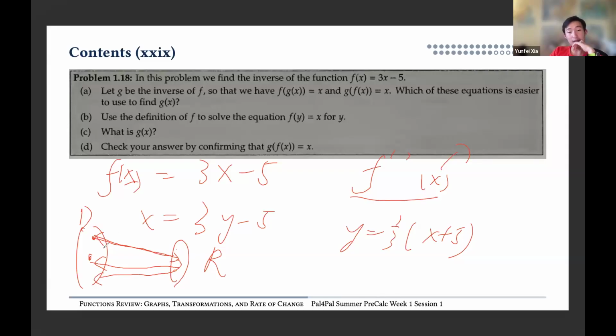And as you can see, if two elements from the domain are pointing to the same element in the range, then when you have the inverse relationship, it is no longer a function. Because this single element corresponds to two elements in the domain, which is the new range.